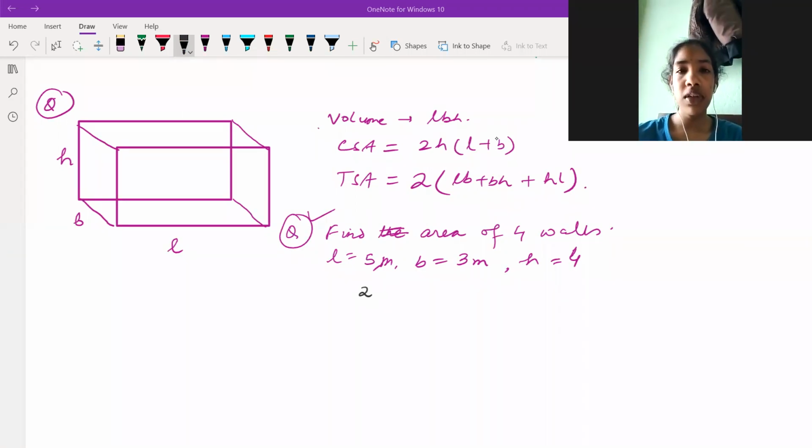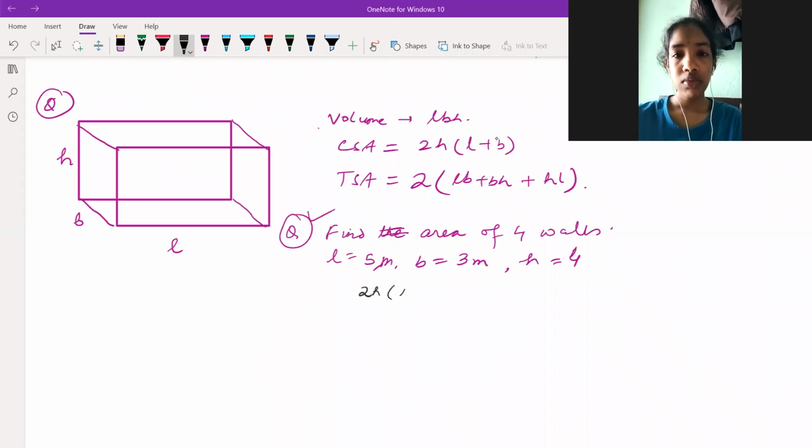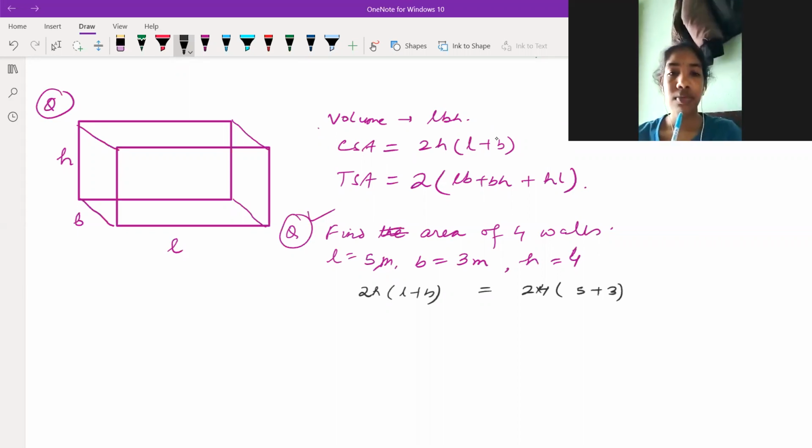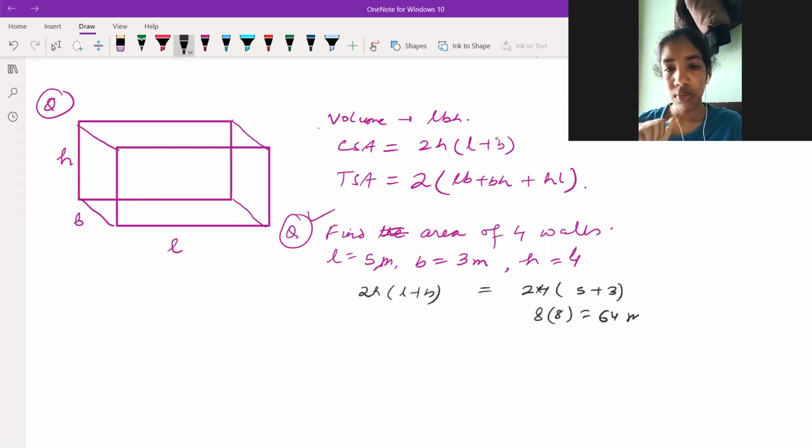Yes, sir, some problem with it. 2H into L plus B. So I'll write 2 into 4, into L, L is 5 and breadth is 3. So 8 into 8, that is 64 meter square, right? Okay. Yes, sir. Now you tell me the cylinder part of it.